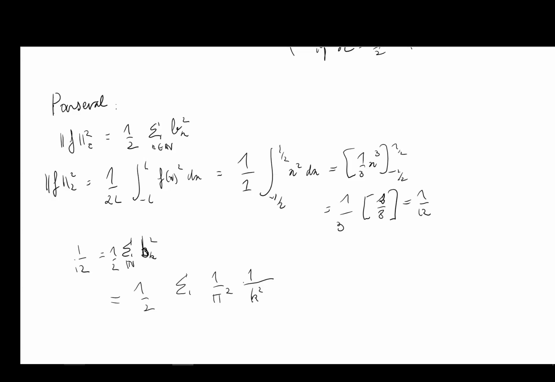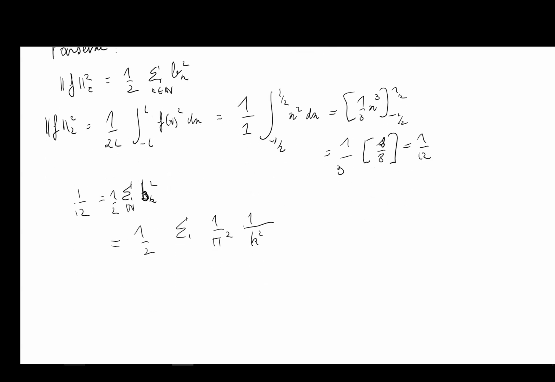Okay, so in the end, I get that 1 over 12 is equal to 1 over 2 pi squared times my sum of 1 over k squared for k in N star, right?